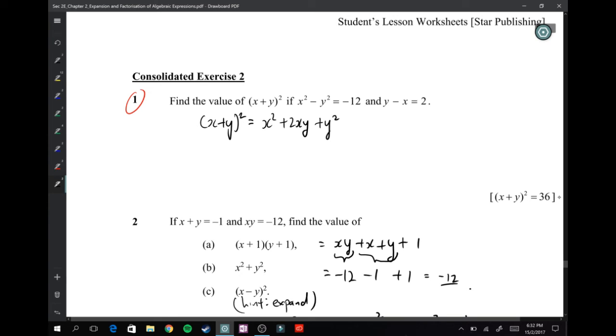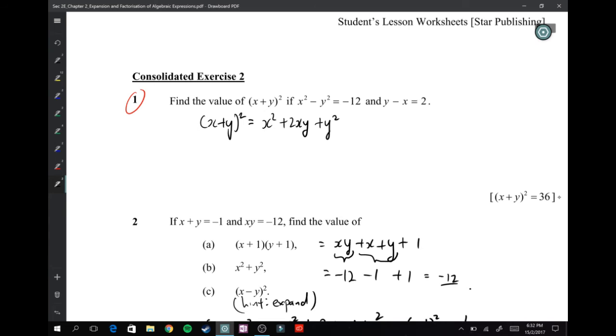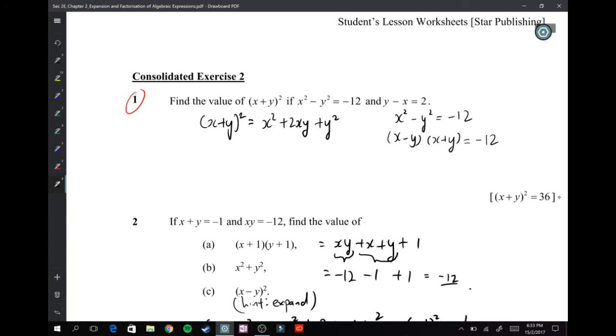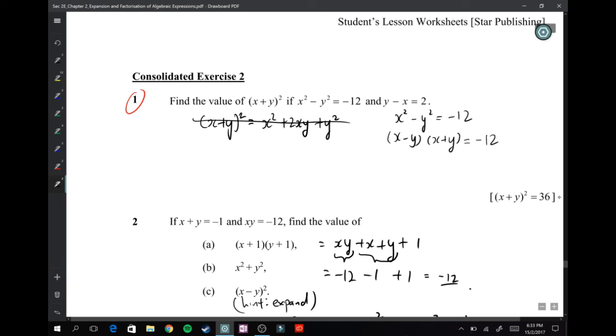So x squared minus y squared is negative 12, so we have x minus y times x plus y equals negative 12. And actually we can skip this step, but since I already did it, I just leave it there.